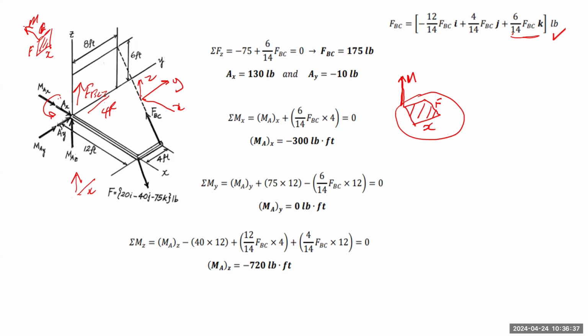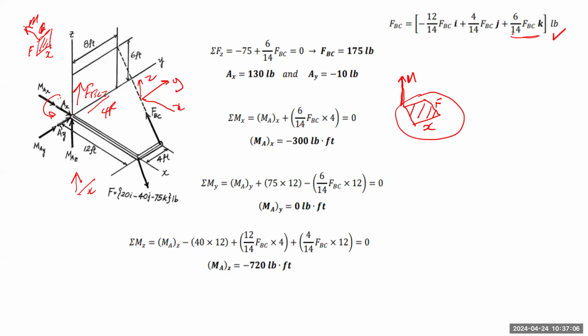One consideration you'll have to think of, as I'm looking at what I've written in front of me, is the actual value of the moment. If the moment is turning this way, it's supposed to be positive, meaning force times distance.